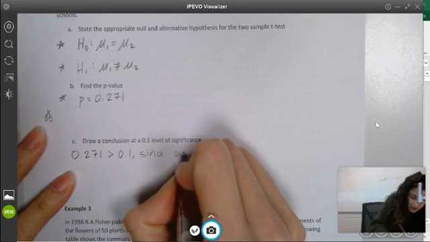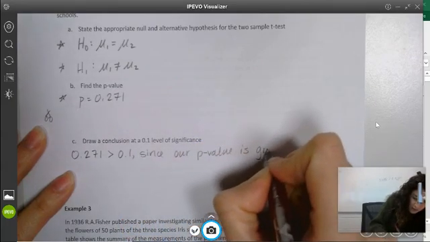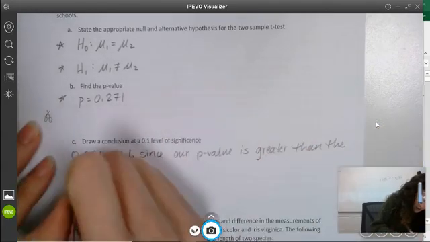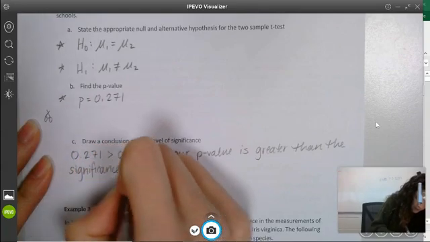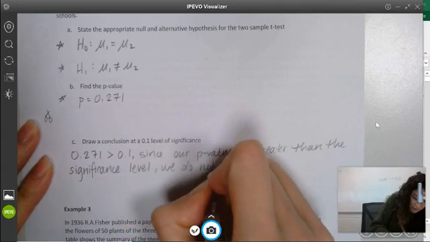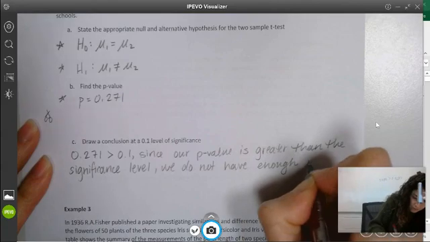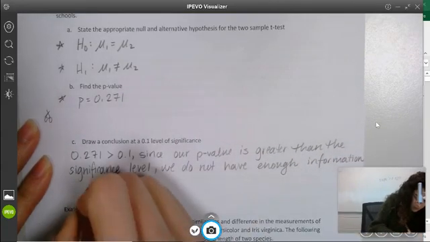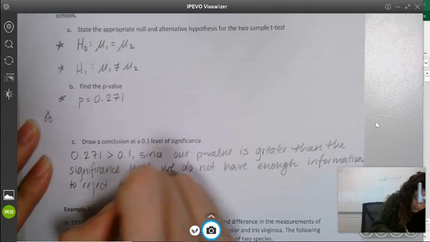And since our p-value is greater than the significance level, we do not have enough information to reject the null hypothesis.